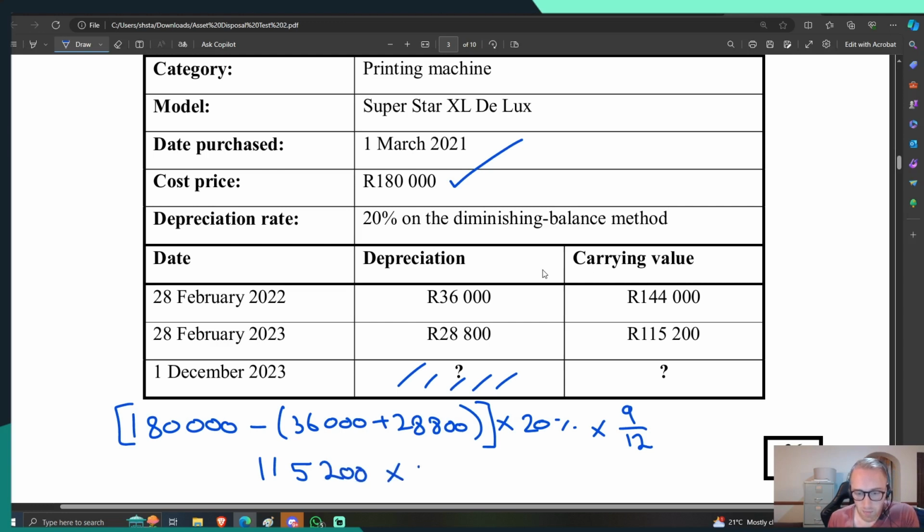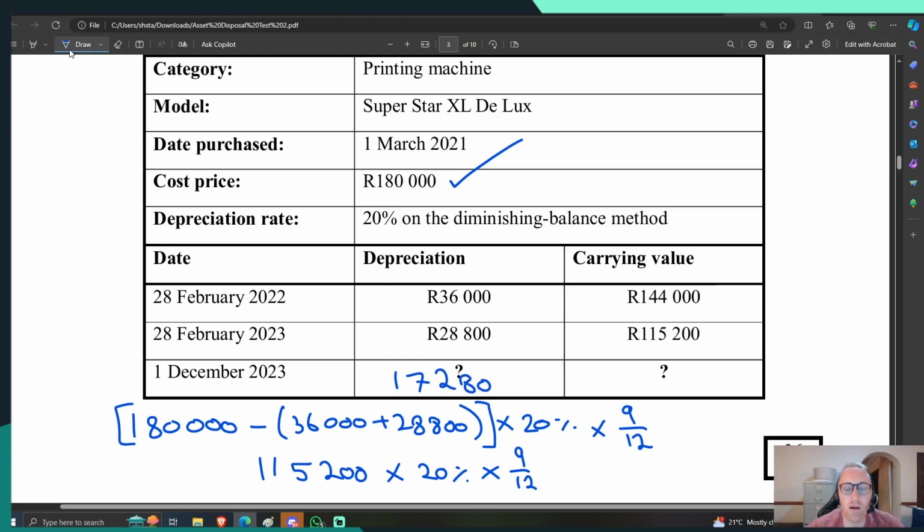We multiply that by 20%, and we multiply that by 9 out of 12 months. So the depreciation for this year, the current financial year, is 17,280.